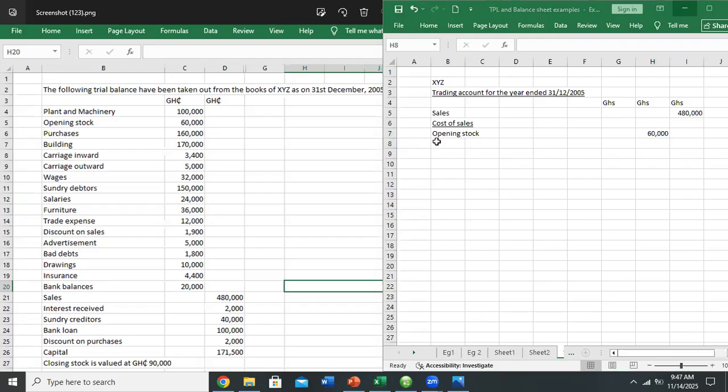Purchases. Okay, purchases. Yeah, after your opening stock, you look for your net purchases, which begins with your purchases, and you watch out for any return outwards and carriage inwards. Prof. Portia, do we have return outwards and carriage inwards?